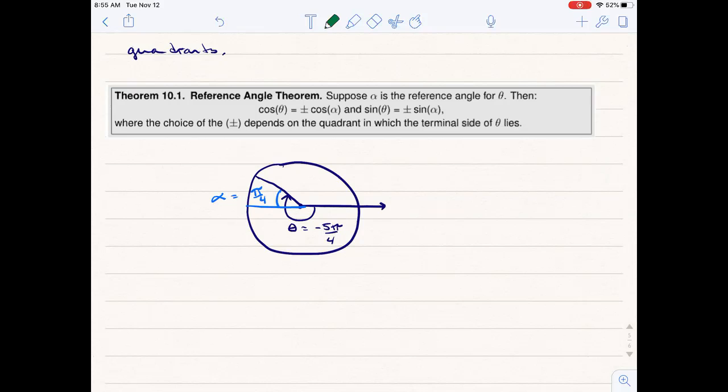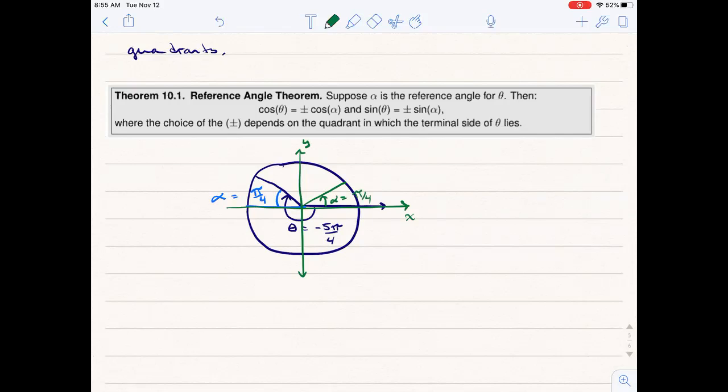So now what we can do is we can say, okay, well, thinking about just our XY coordinates here, well, then I can replicate alpha equals pi over 4 in the first quadrant.